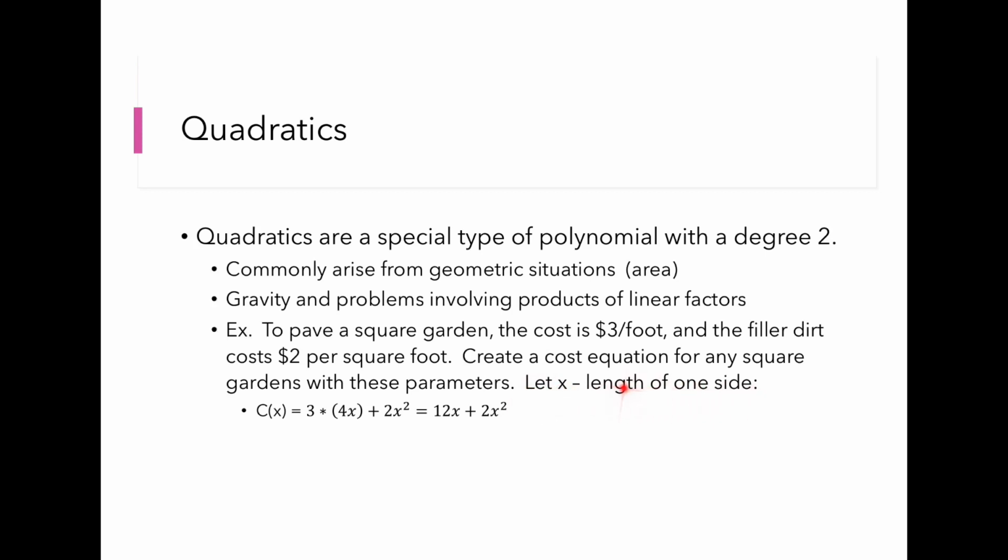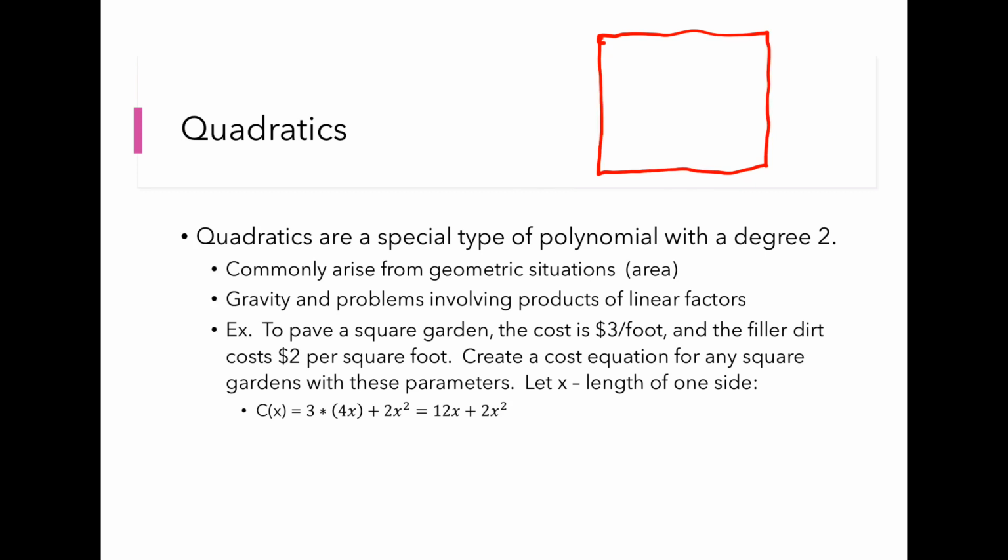We're going to define x as the length of one side of that garden. If we wanted to picture this, I always recommend you try to draw out any kind of story problem like this.